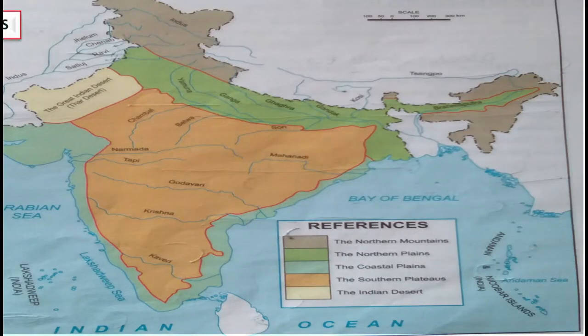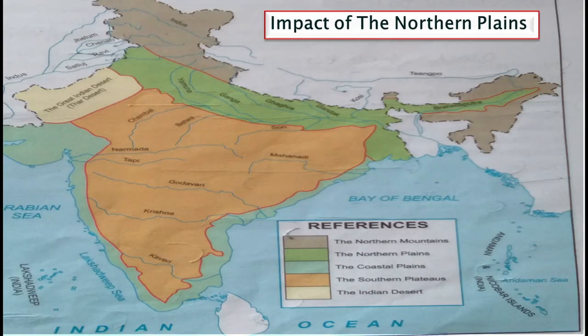Now let's proceed towards the next factor responsible for determining the history of India, and this factor is the impact of the northern plains of India. As you can see in the green color, these are the northern plains of India.